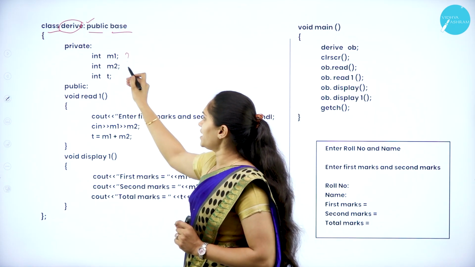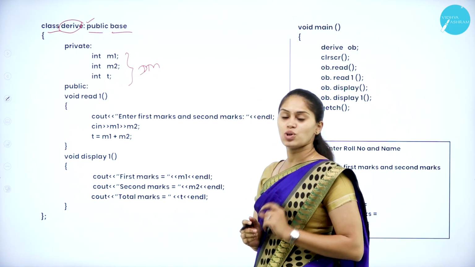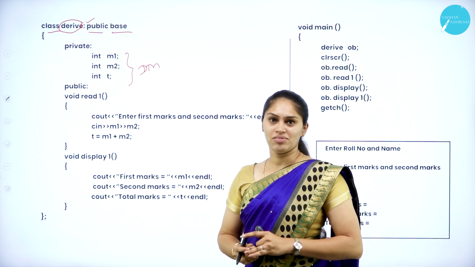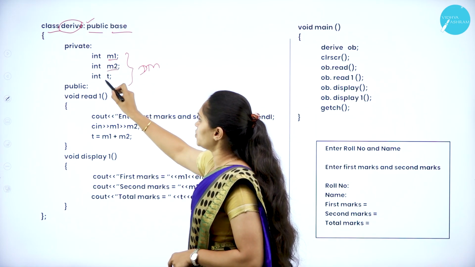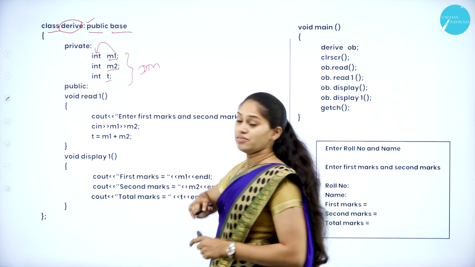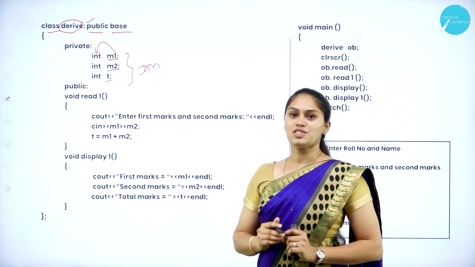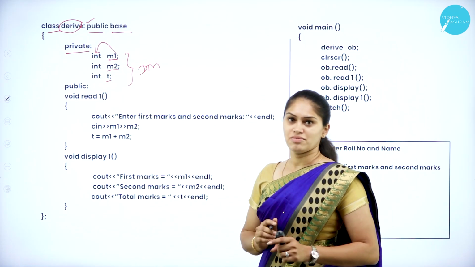Now we'll see what data members I have in the derived class. I'm taking 3 variables: M1, M2 and T, which are of the data type integer, and I have declared them under the private access specifier.